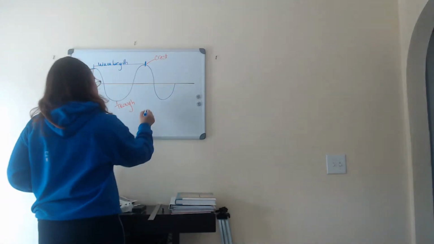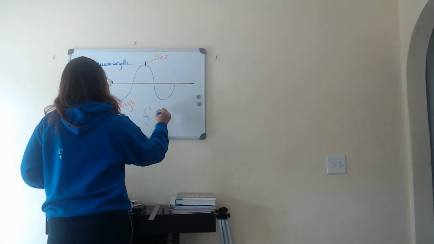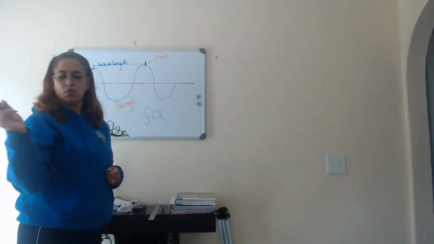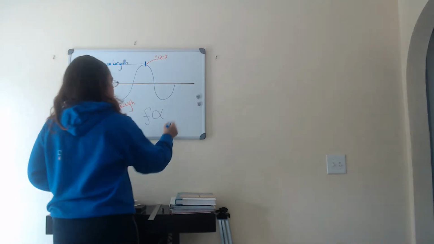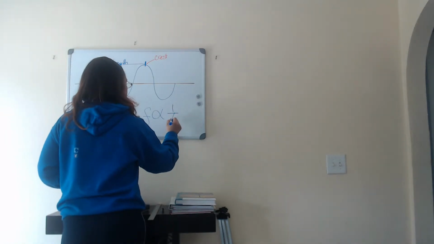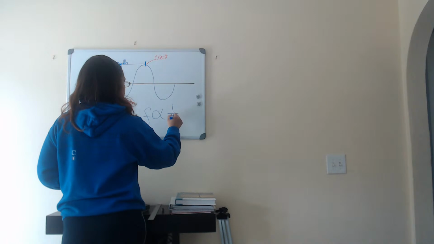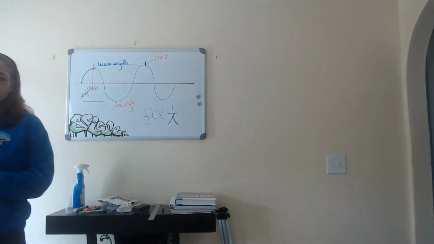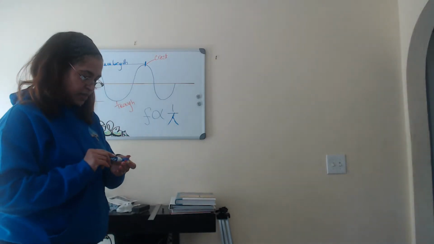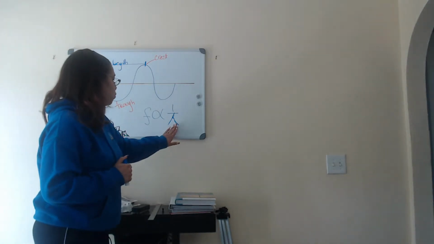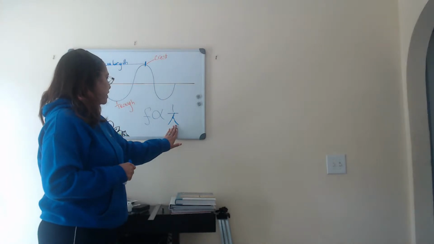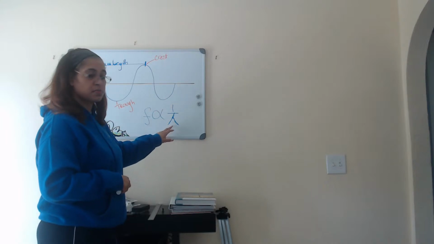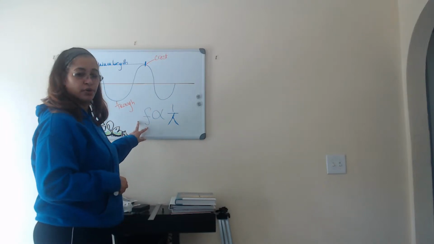So your frequency is proportional to 1 over the wavelength, and the wavelength here is symbolized as lambda. So what this says is basically, if your wavelength is smaller, 1 divided by a smaller number is going to give you a greater frequency.